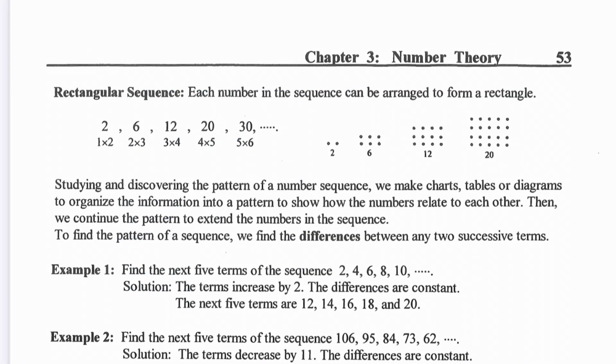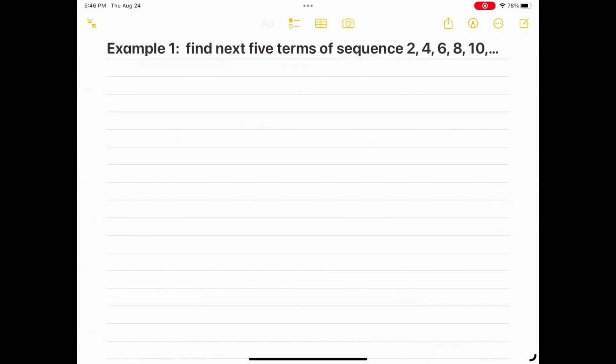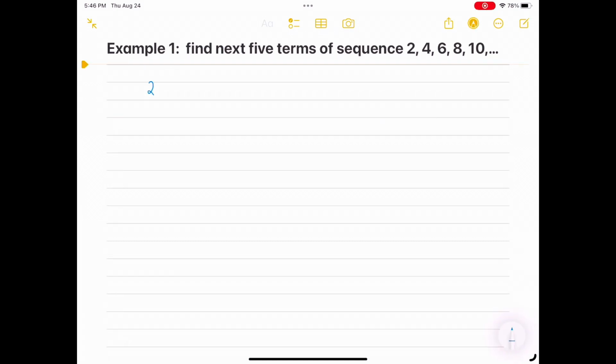I will now demonstrate the examples of sequences and number patterns from page 53. Find the next 5 terms of sequence 2, 4, 6, 8, 10. The terms increase by 2 and the differences are constant. So the next 5 terms are 12, 14, 16, 18, and 20.